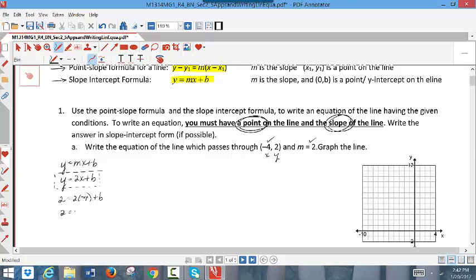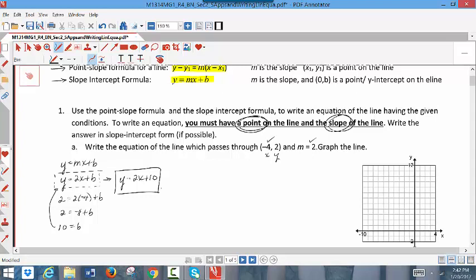So 2 equals negative 8 plus b, and when I add 8 to each side, I have the b value. So now I return to this dashed box, and now I know what the answer is. The equation is y equaling 2x plus 10. That is the linear equation. That is the equation of the line passing through the point negative 4, 2 with a slope of 2.